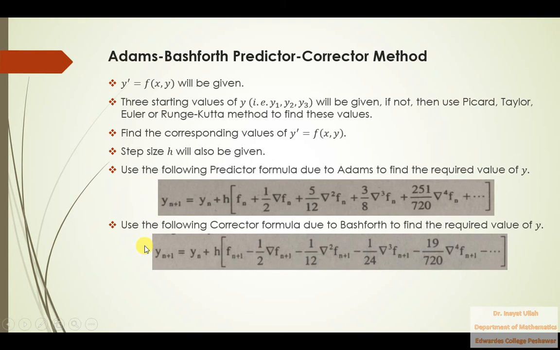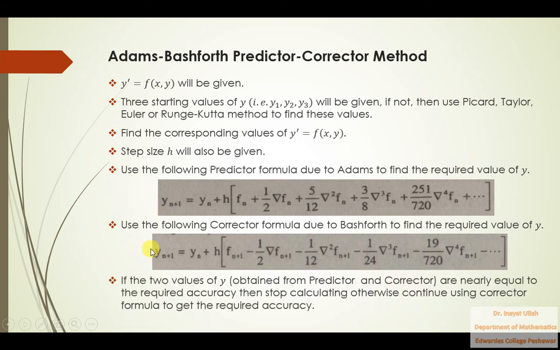Whenever these two values of y obtained from predictor and corrector are the same up to a certain decimal places, then we stop the calculation and the answer will be the same as these two.